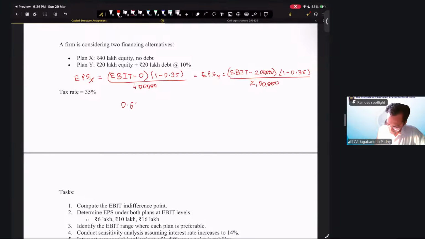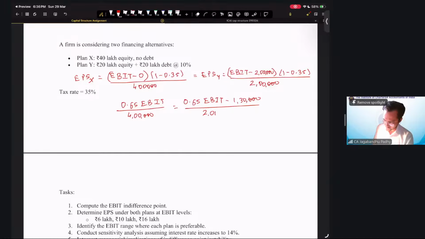So this is 0.65 EBIT upon 4 lakh equal to 0.65 EBIT minus 2 lakh into 0.65, which is 1 lakh 30,000, upon 2 lakh.